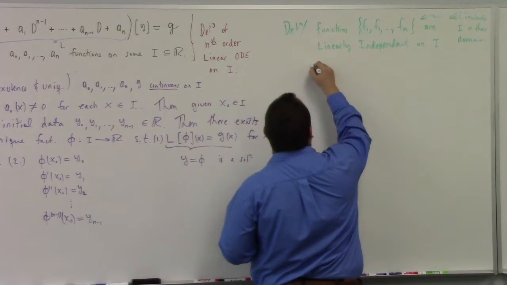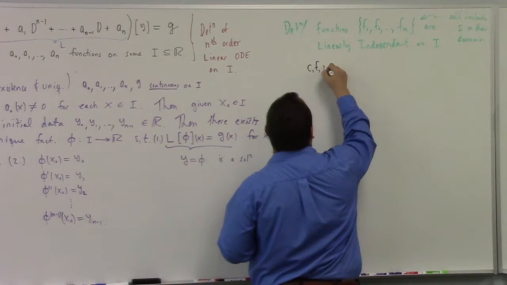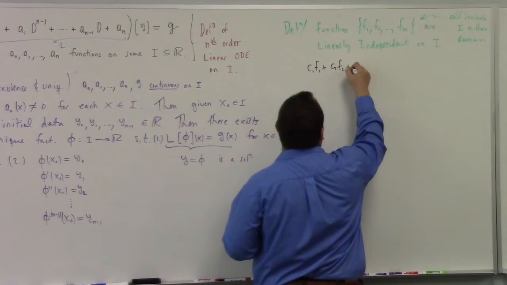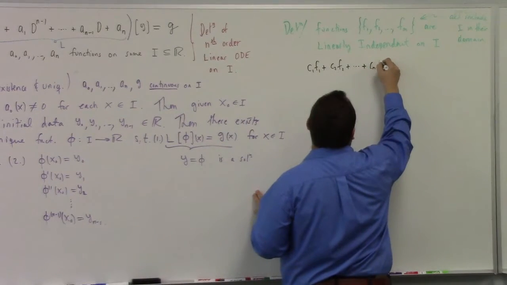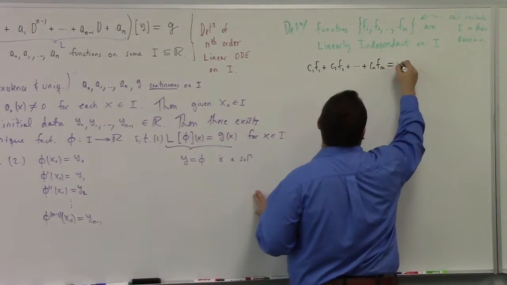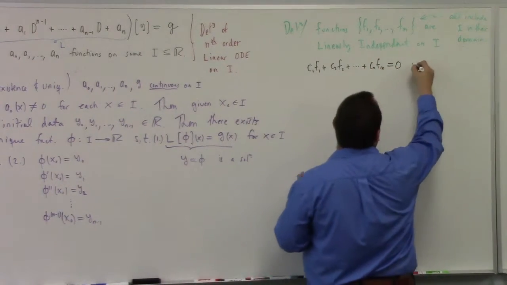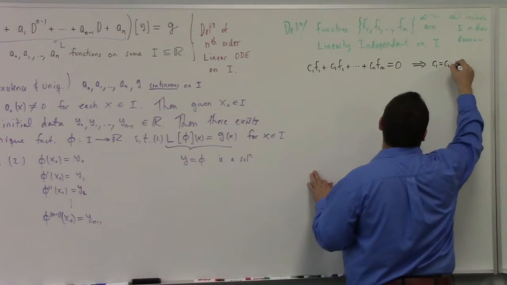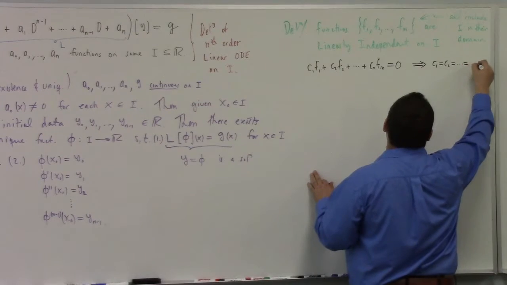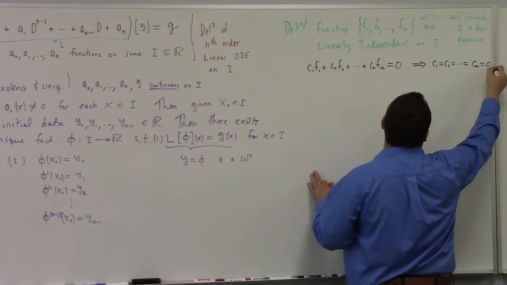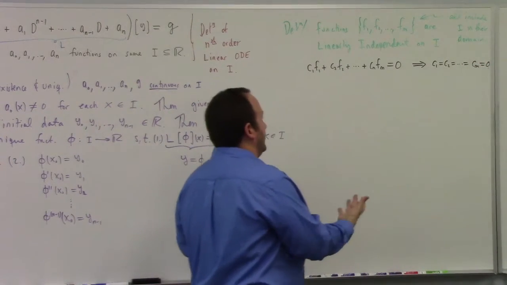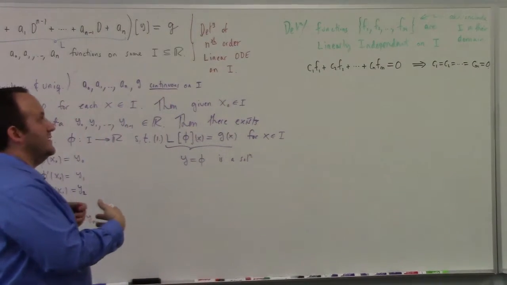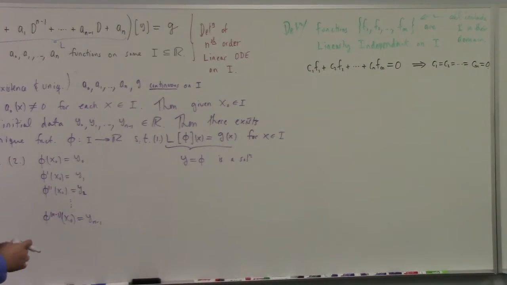If you take a linear combination like C1 F1 plus C2 F2 plus ... plus Cm Fm, if that's equal to 0, then that implies that C1 equals C2 equals ... equals Cm equals 0. In other words, if we take an arbitrary linear combination of the functions and set it equal to 0, it implies the coefficients are 0.